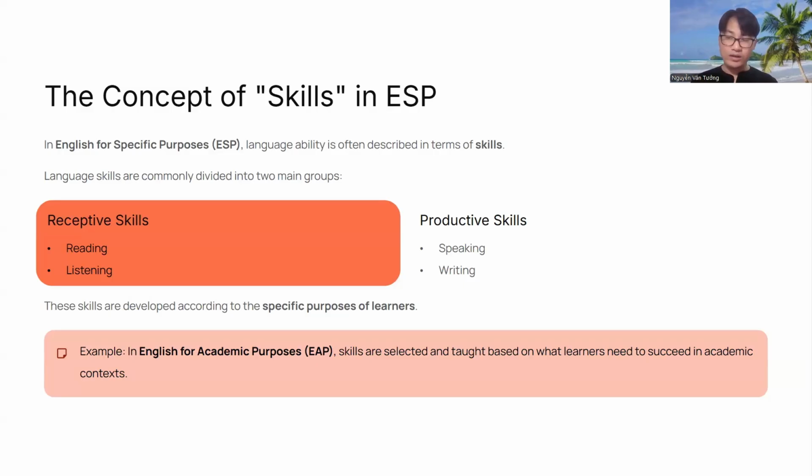For example, if you want to speak, you need to use vocabulary, grammar structures, and everything to create a sentence so that you can communicate. So, receptive skills and productive skills. In short, they can be categorized into passive or active skills, but in ESP, the terms are receptive and productive.